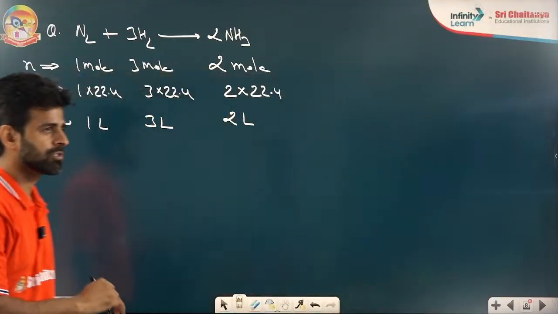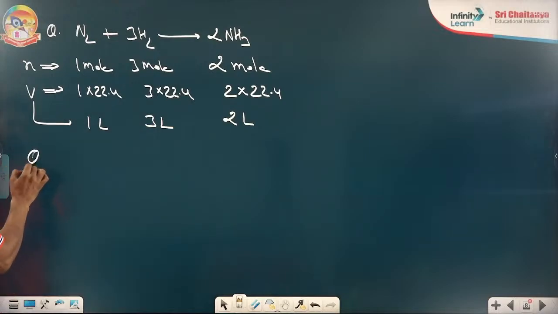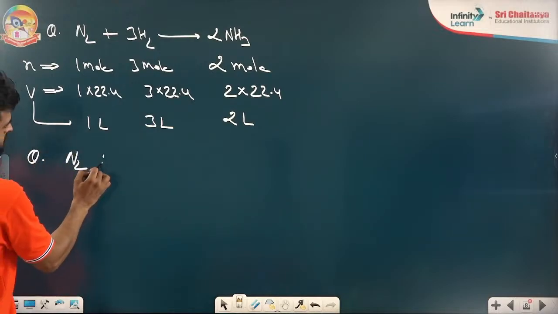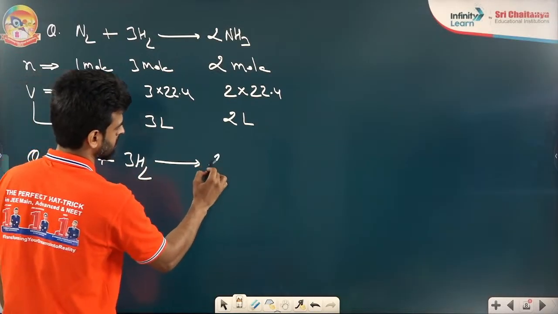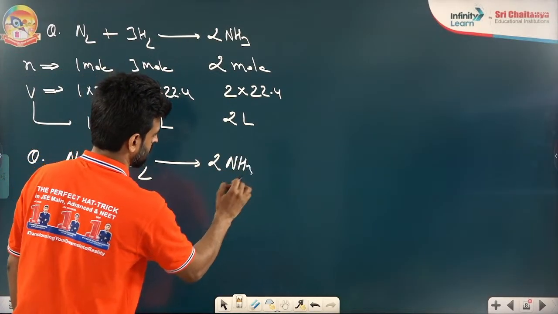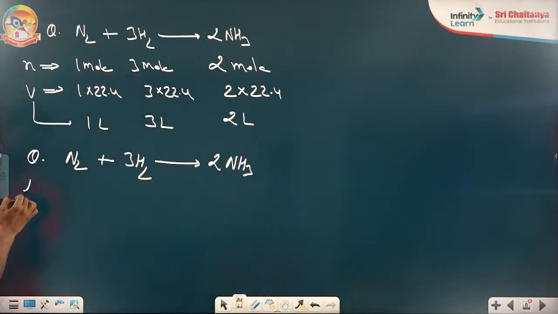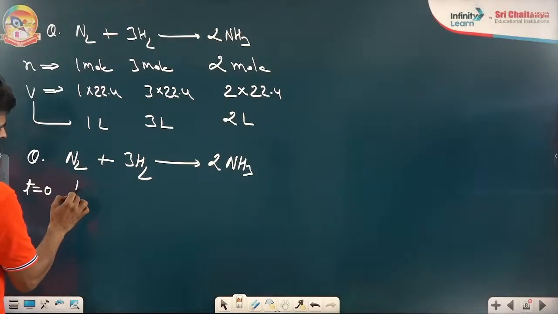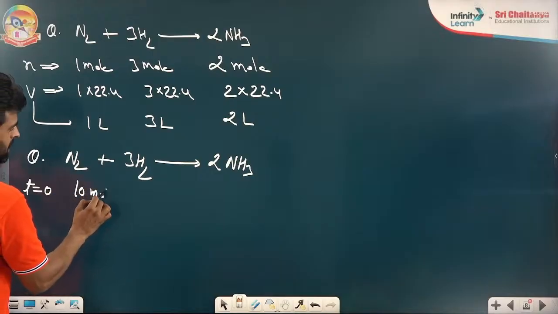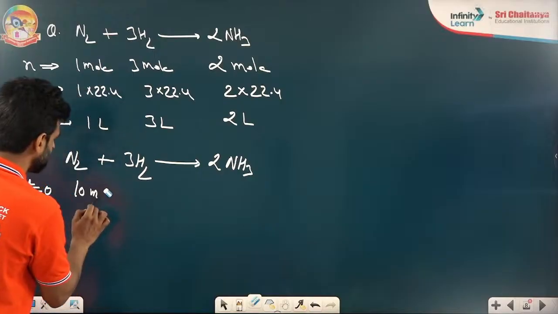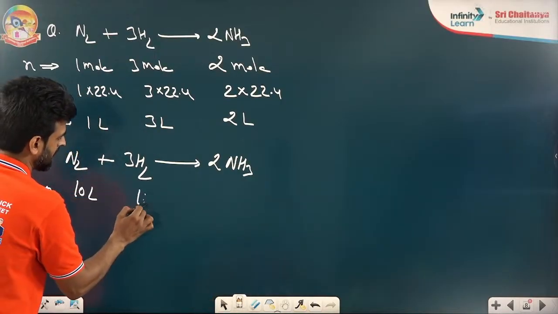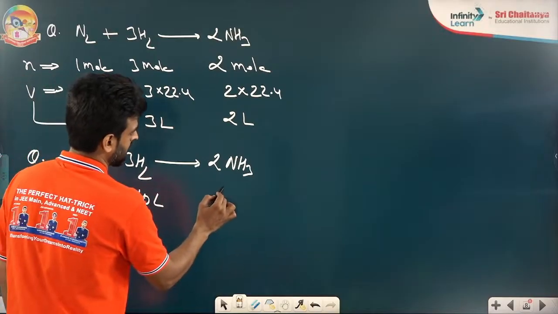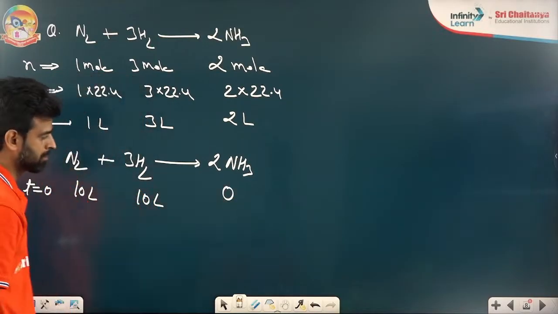I am giving you one question, it will be easy to understand. Imagine this is a question given to us. Same concept we will apply. Imagine at time 0, initially I have 10 liter N2, 10 liter H2 and 0 liter ammonia.